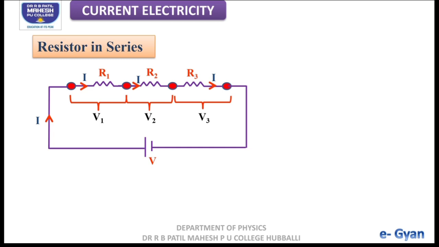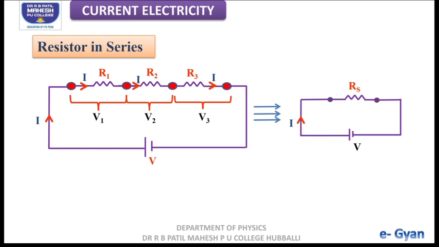If this combination is replaced by a single resistance of equivalent resistance Rs, and this resistance is connected to a battery of voltage V which produces a current I, then this resistance has the same effect as the combination of these resistors.